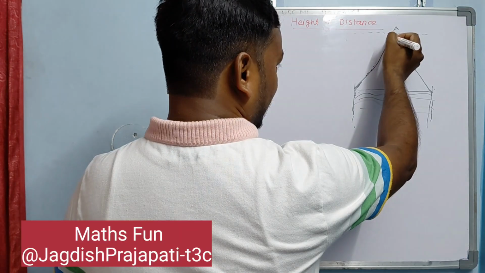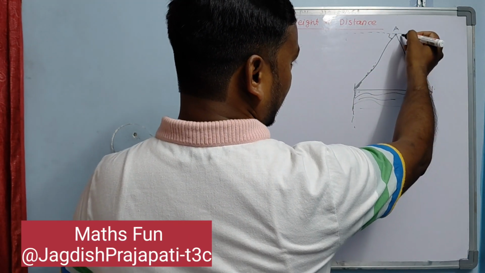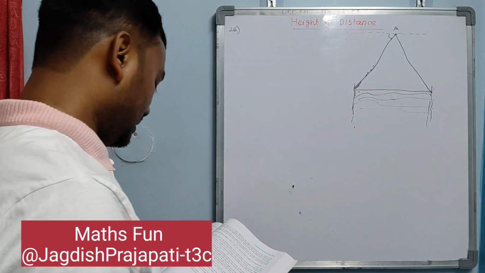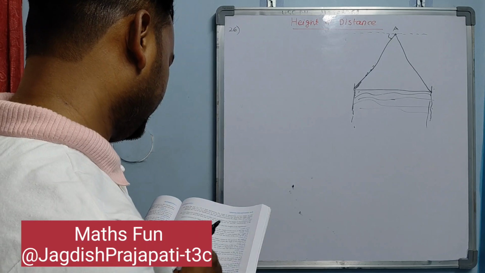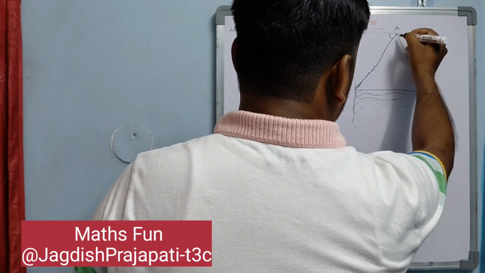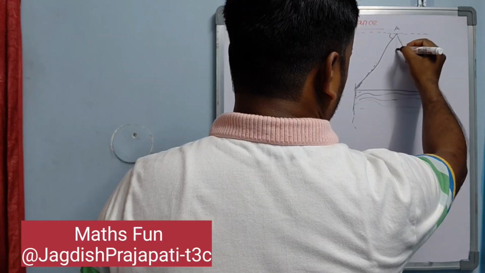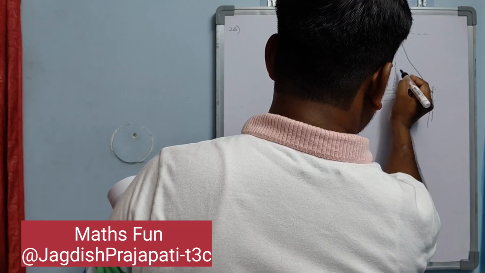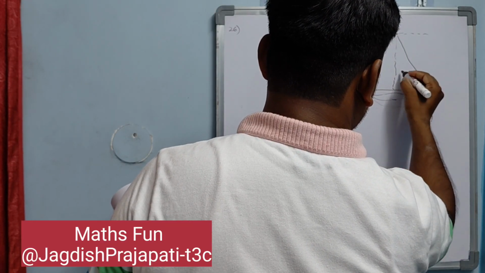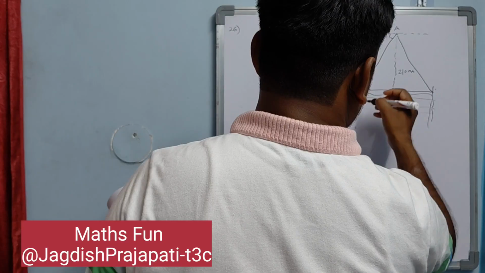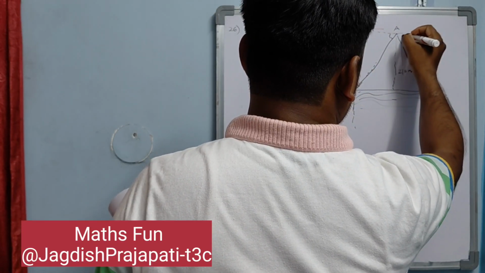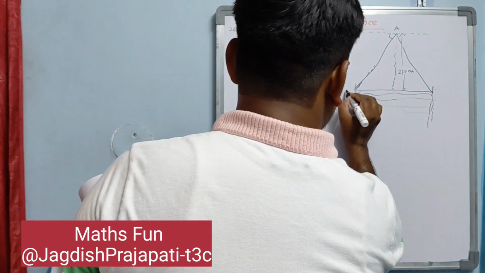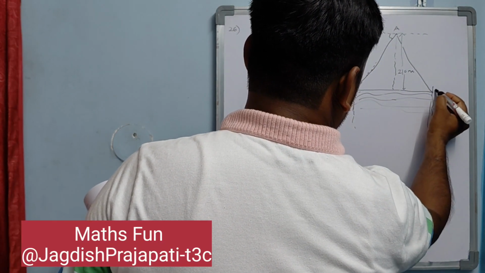So whatever angle this is, the same will be this also, and whatever it is, same will be this also. At a height of, so height is always perpendicular, so let us draw a height here. This height is given, which is 210 meter, from here to there. Now let's say B and C are the points at the bank of the river.